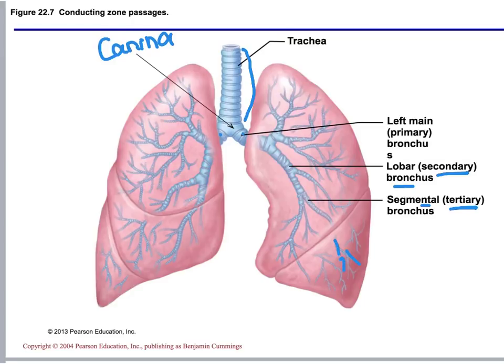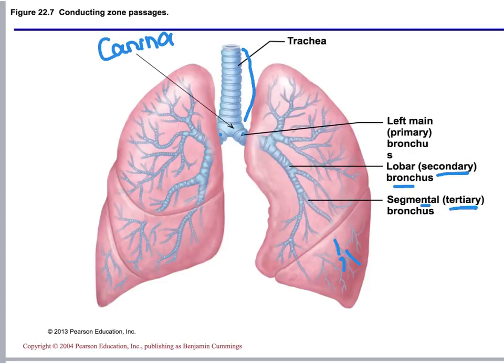A couple of things that I want to mention here is that the width, the opening and the size of the left main and the right main bronchi are different from each other. The left side is narrower and longer, and it has more of an angle to it.